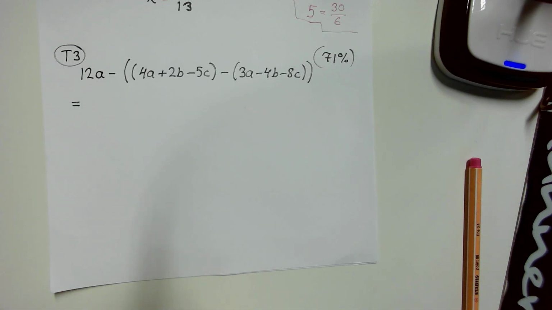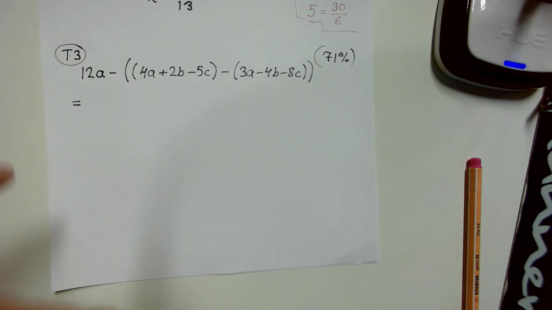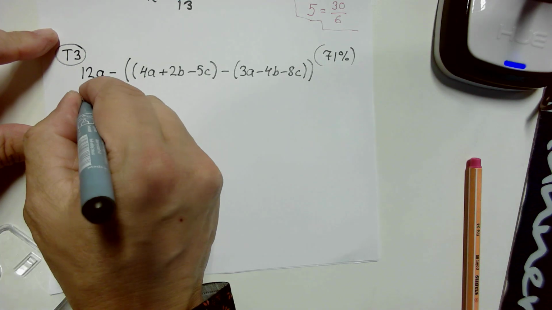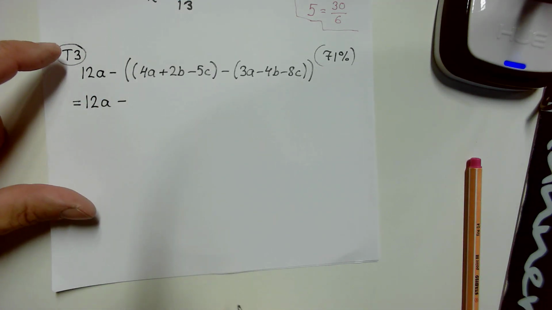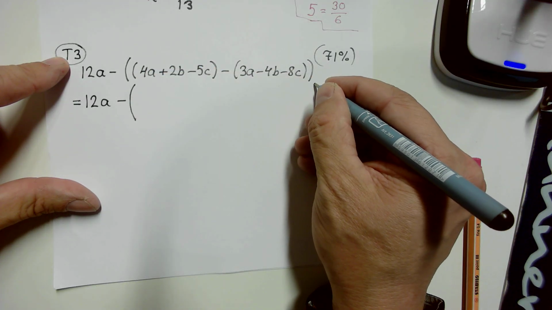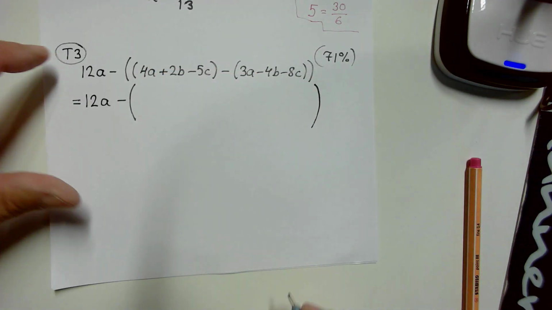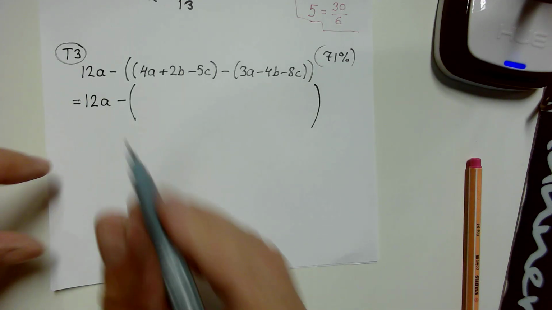So first take the inside brackets away. So we don't do anything with this. I write them bigger, those brackets which are these outside brackets.